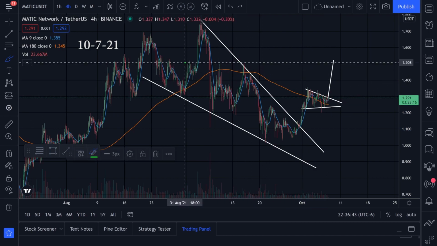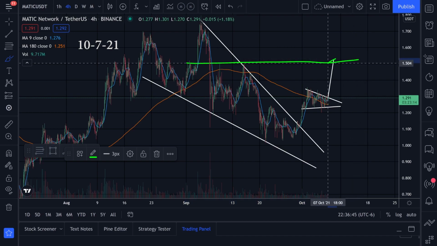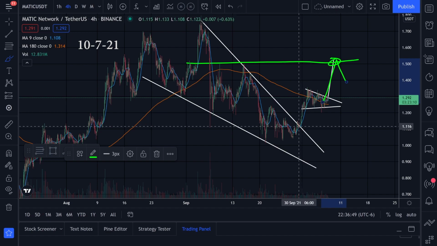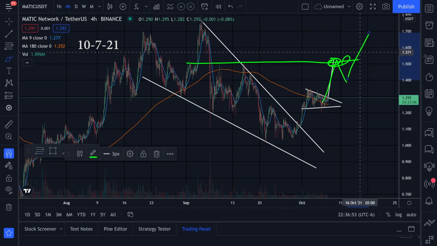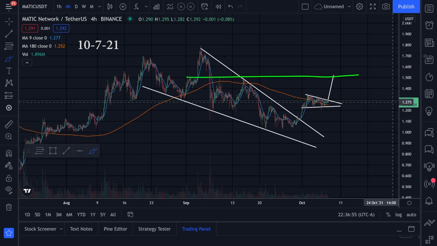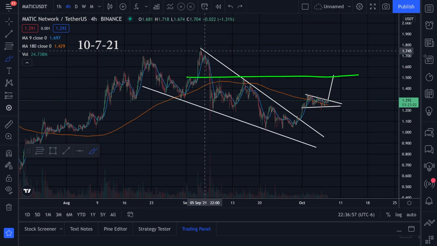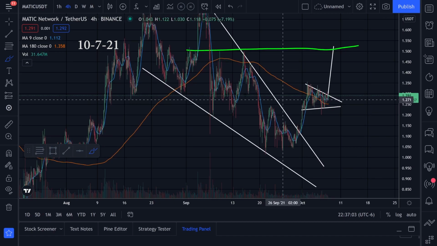So like I was saying, if we can get to this target and then break through it, we might get some resistance and have to come down and retest this trend line right here. But I think if we could break through it after that, or in general, then we're going to be looking at this target up here, which is at around 1.74. Right now we're still at 1.29.